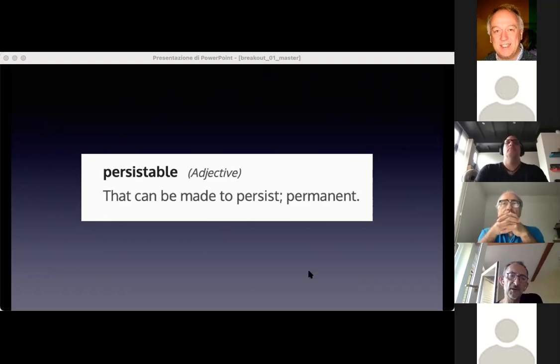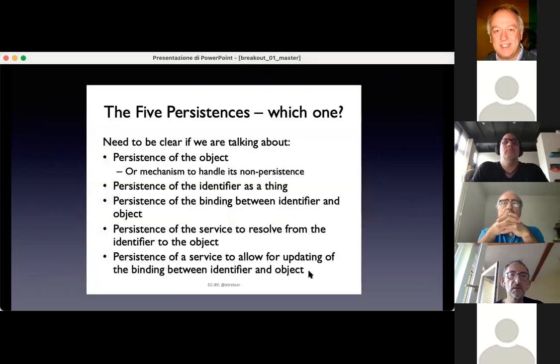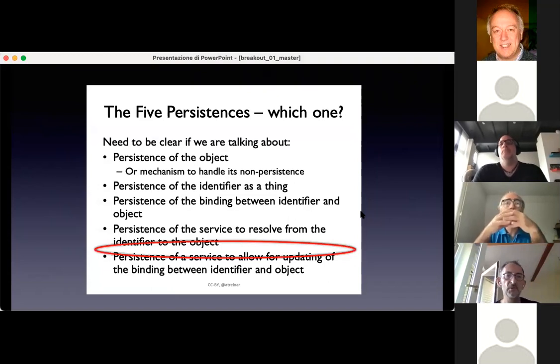So in the DOI Foundation, we found this, Andrew Treloar's five persistences, which you can find online, or I can send you a link. Just search for Andrew Treloar five persistences and you'll find it. We find it particularly helpful to analyze what we do, how persistent we are. Next slide, please. That hasn't quite worked.